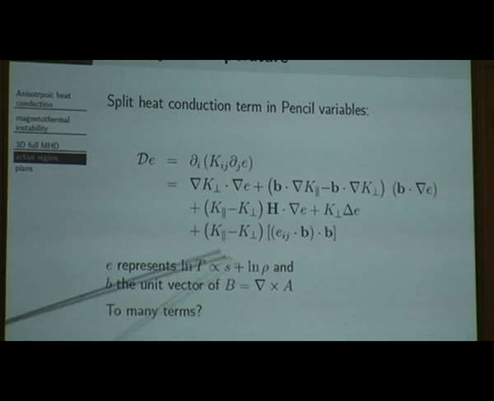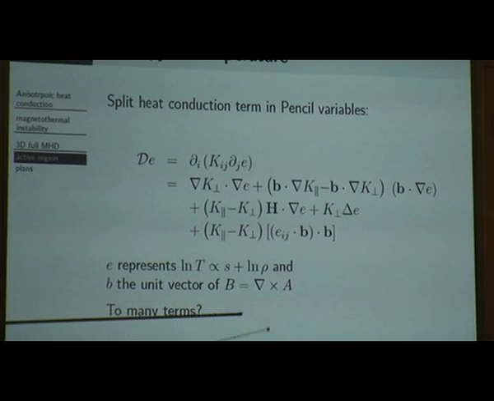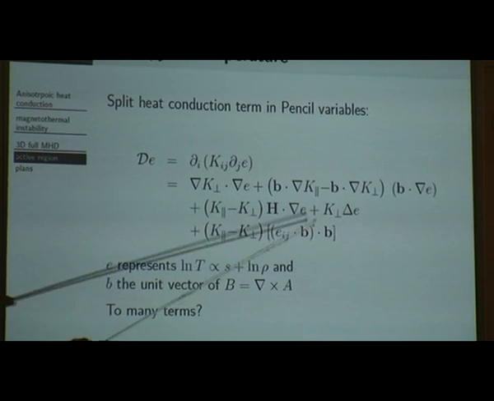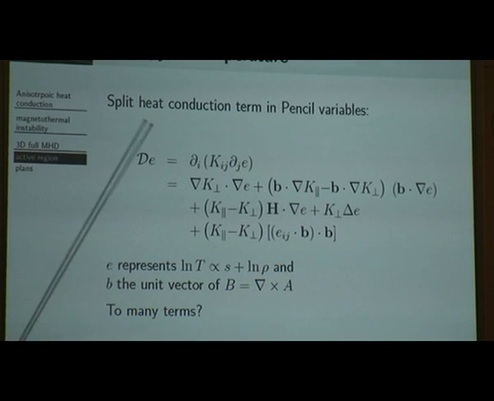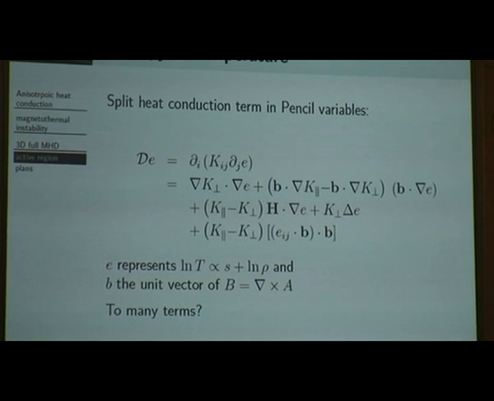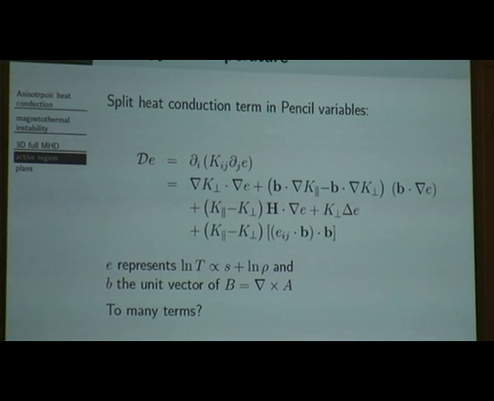Now you have to add in the code, instead of E, entropy plus something with density, and for the magnetic field add something with the curl of the vector potential. And here you have the first derivative of the E value, which would be the second derivative of A.